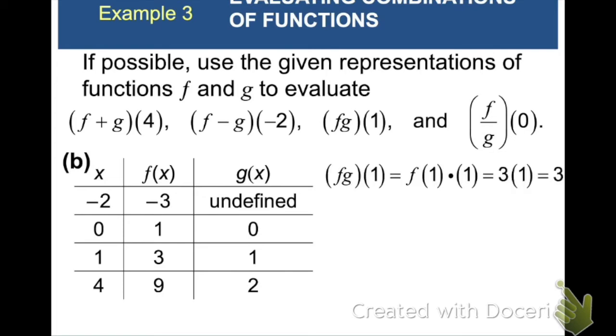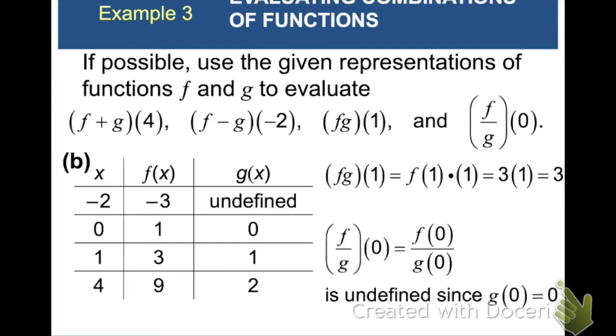We're going to multiply those together and we get 3. For f divided by g of 0, we're going to go to where x is 0 and then look over, we get 1 out for f of 0 and 0 out for g of 0. We can't have 0 for g in the denominator, so again we see that this is going to be undefined.